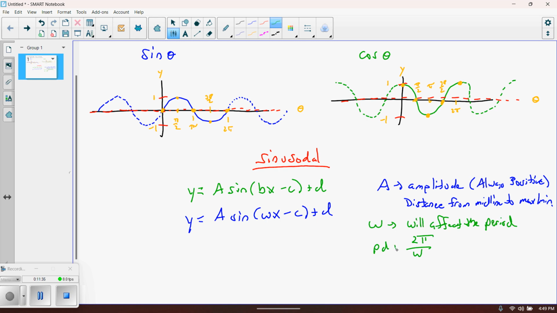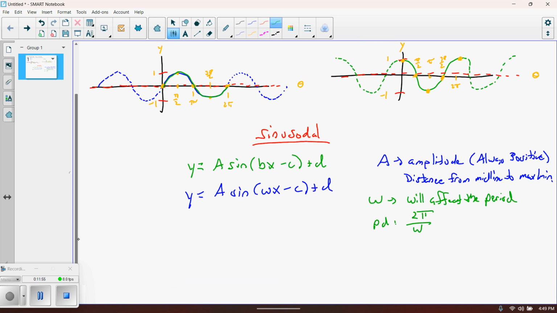Right now, each one of them has a period of 2 pi, because if you look where sine starts, it starts here at 0, goes all the way through its cycle before it starts to repeat, and it takes 2 pi to do that. Exact same thing with cosine. I'm not going to trace back over it again, but that's what that is.